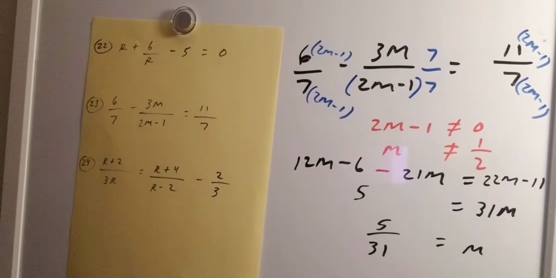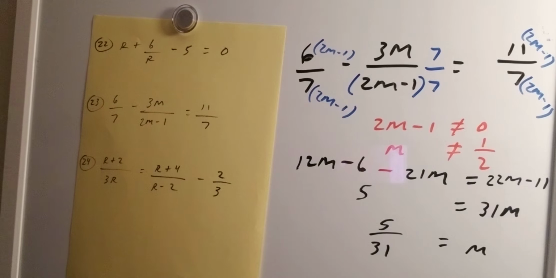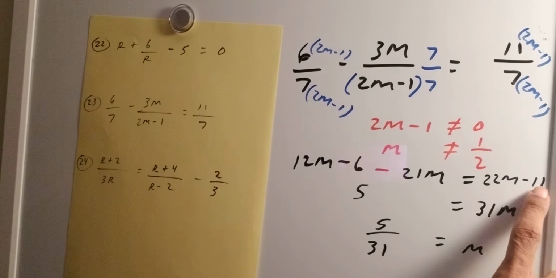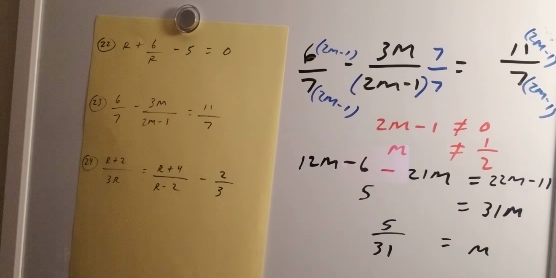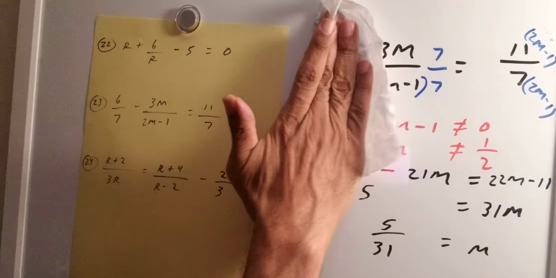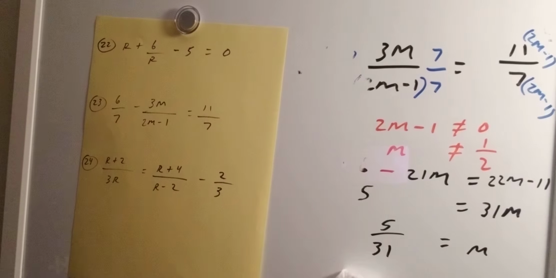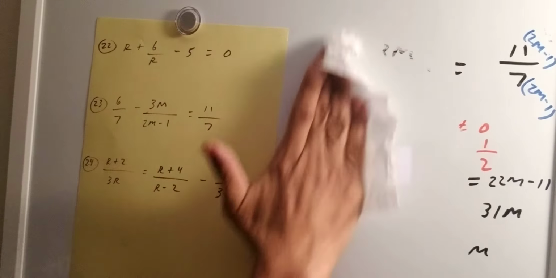Add it, that will be 31m. And adding 11, so everything looks good. Alrighty, final problem 24. And this value was not restricted. 1/2 was restricted.